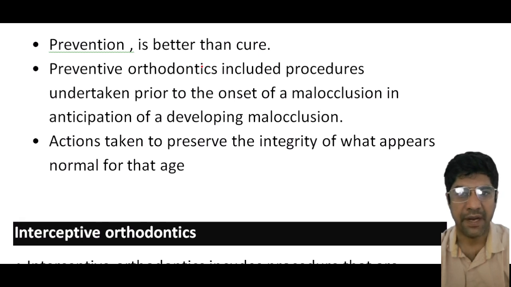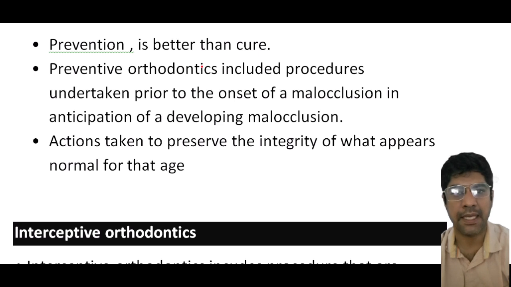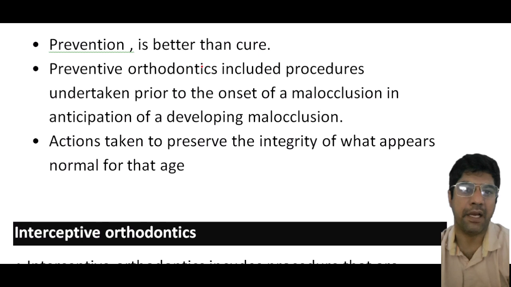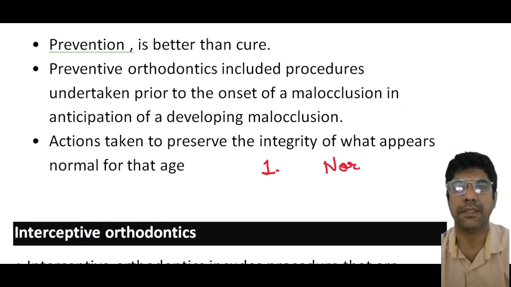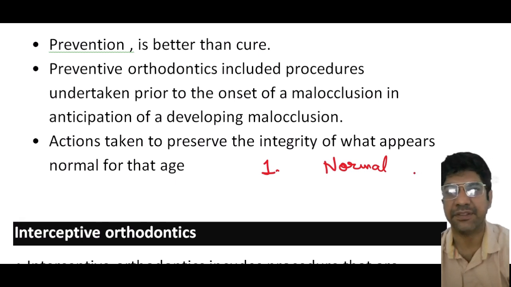So preventive orthodontics is a set of actions taken to maintain a healthy and normal alignment of teeth and facial structure. It will include, number one, assessment of normal development: understanding how teeth and face grow normally and recognizing when there are deviations from this normal growth.